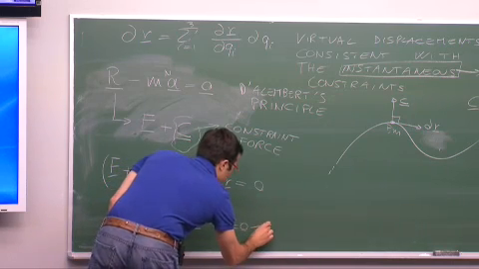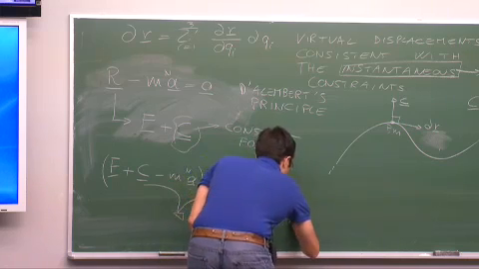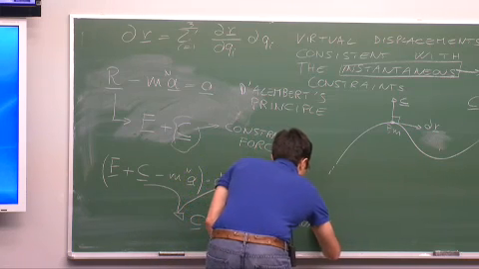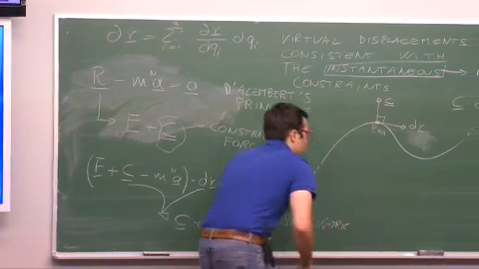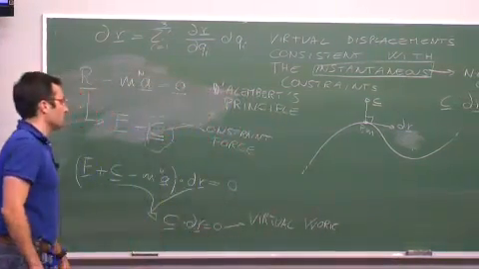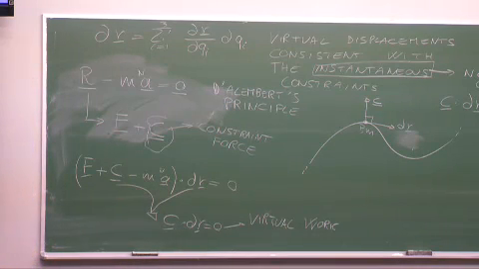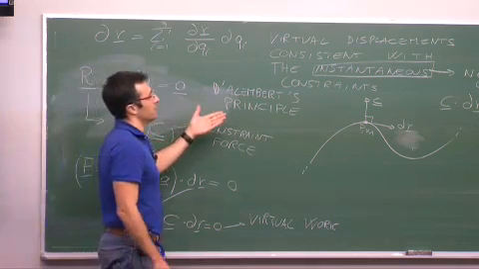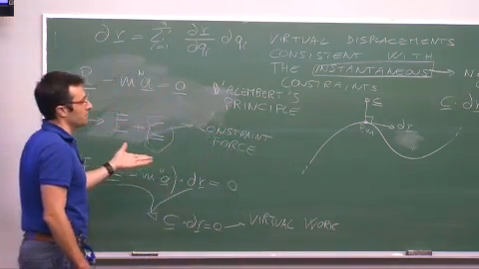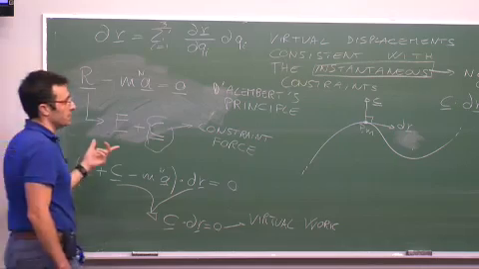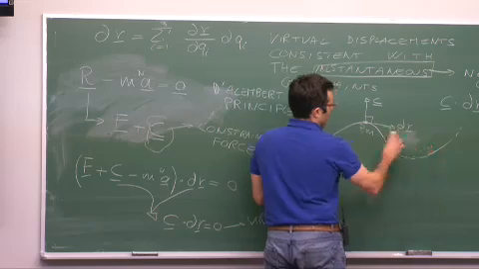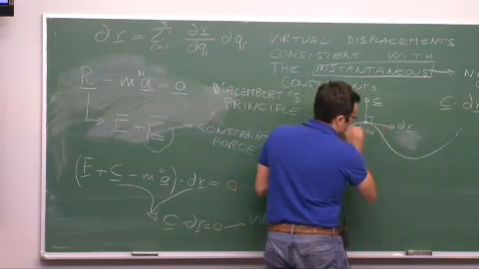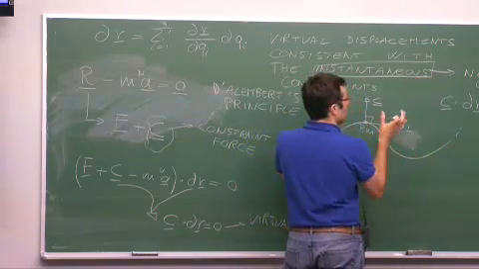But in particular, I am constructing my theory here saying that this particular dot product is 0. And this is what is called virtual work, as you can imagine. It's a dot product between a force and a displacement, which is a virtual one, so let's call it virtual work, as it has the dimension of work. So the instantaneous constraints don't make any virtual work. They can make real work. If the particle is moving on this track, the velocity will be tangent to this delta r in the instantaneous case.